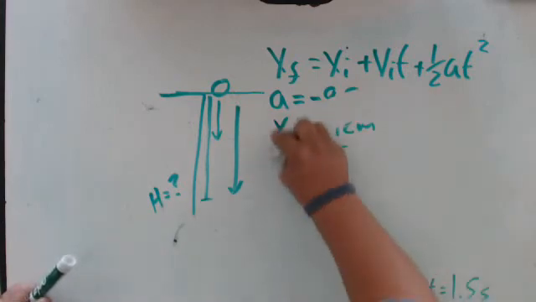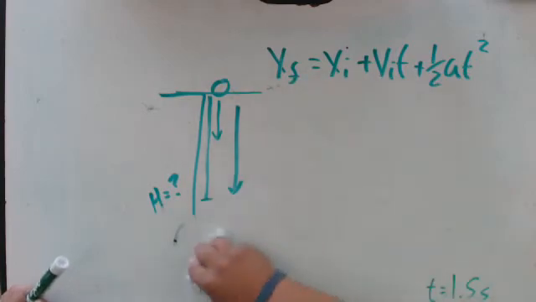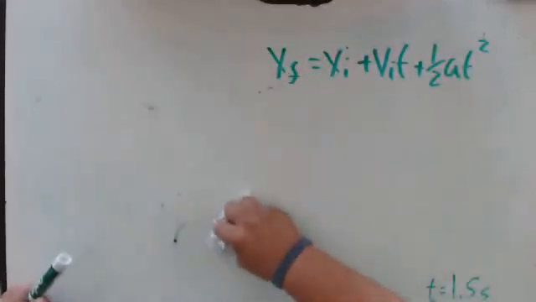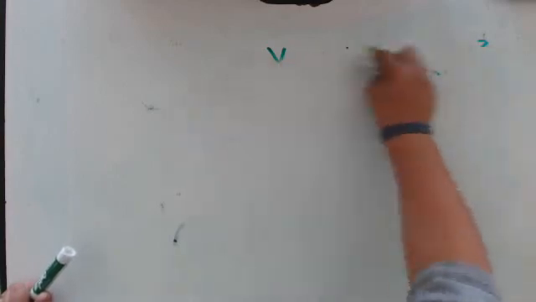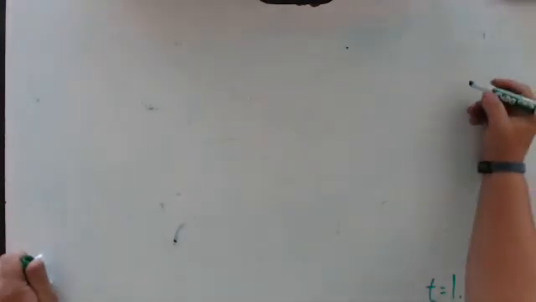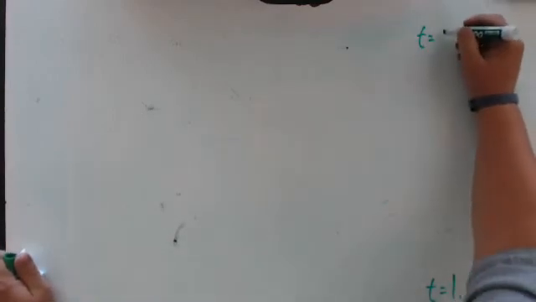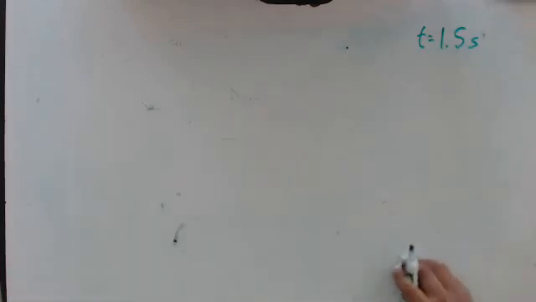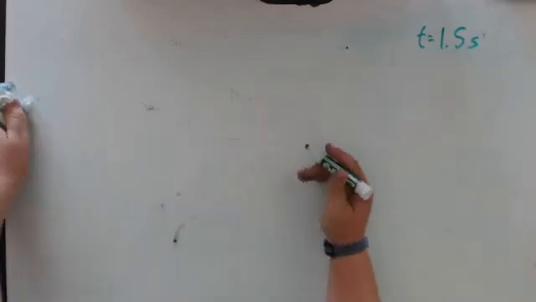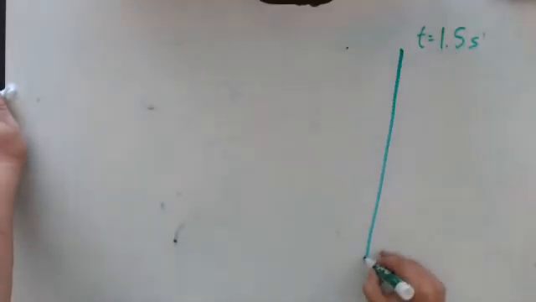The second part of the problem is asking me how far it travels if I double the time. It's an important little bit of information because most of us like to think of things linearly. So if I double the time, we expect the distance to double. That's not the case. Okay? So I'm going to write my information again.